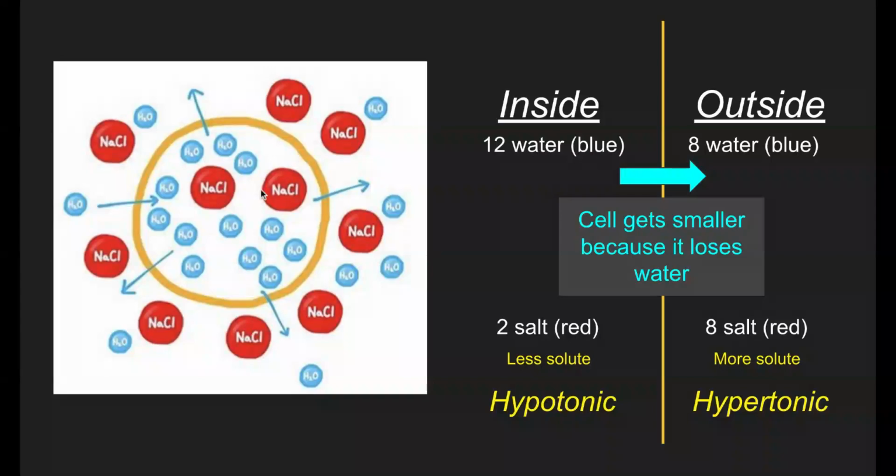If the thing that's filling up the balloon, in this case water, leaves the cell, the balloon's going to get smaller, or the cell's going to get smaller. So we would expect this cell to shrivel up if you place it in a hypertonic solution, in a solution that has more solute than the amount that's inside the cell.